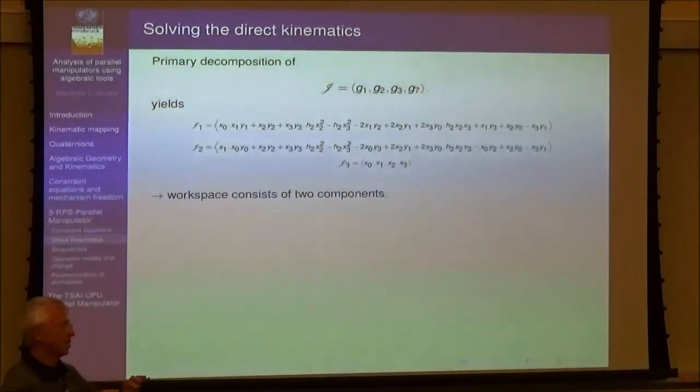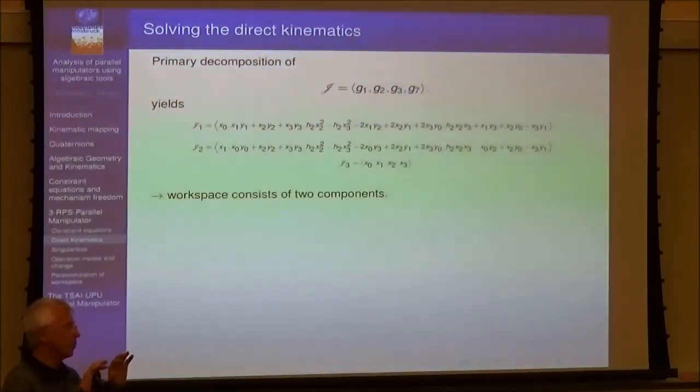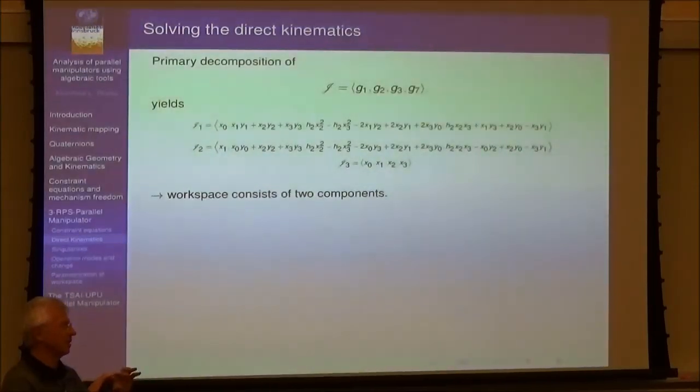And this has kinematic meaning. If the ideal splits into smaller units, then the workspace of your manipulator will split into parts. And the parts will depend on the way you assemble your manipulator. That's very interesting. So algebraic geometry will give you an answer.